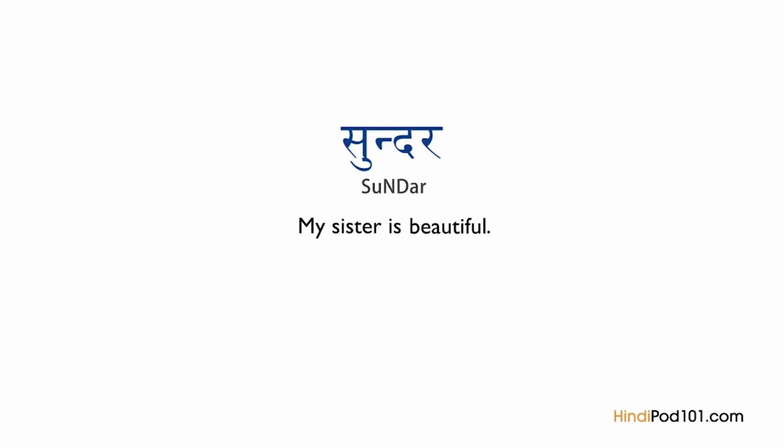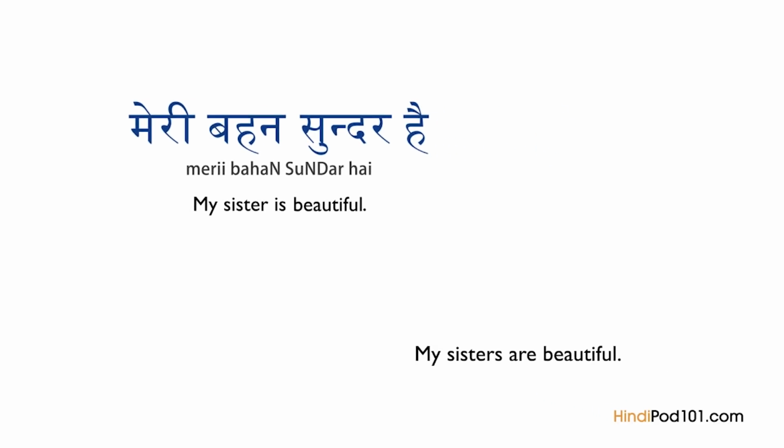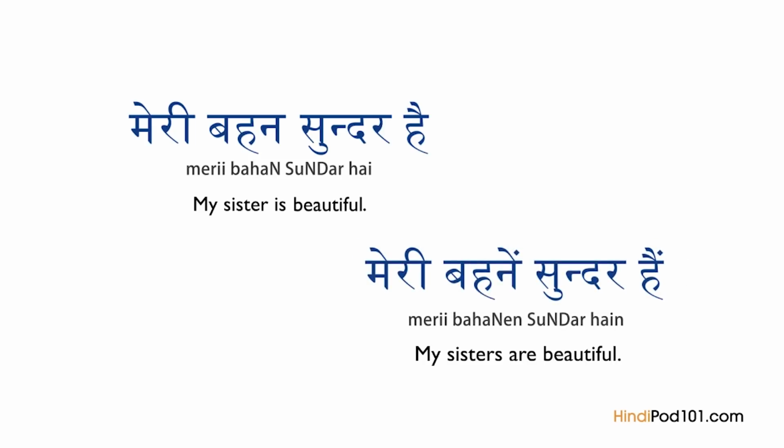If you use the adjective sundar or beautiful, however, it will never change. To say my sister is beautiful, you'll say meri behan sundar hai. To say my sisters are beautiful, you'll say meri behne sundar hain. While some words in the sentence did change, sundar itself stayed the same.